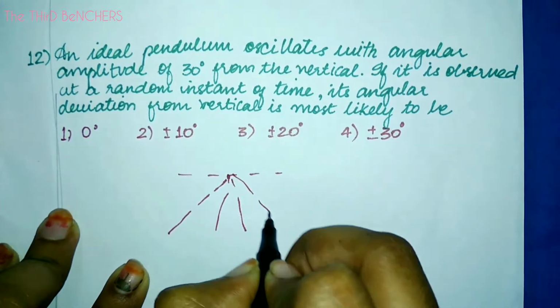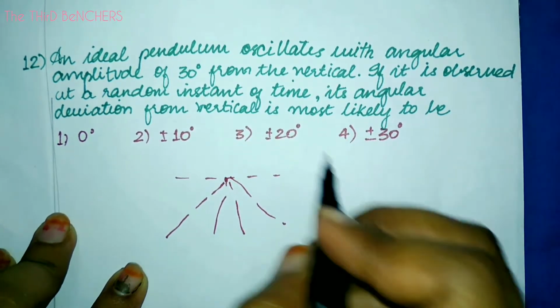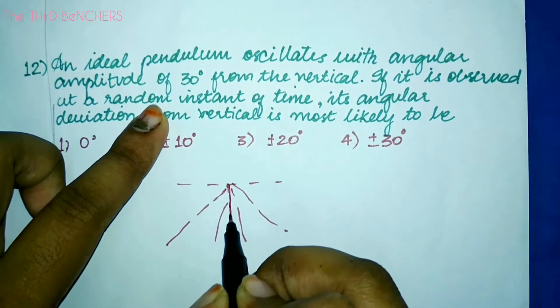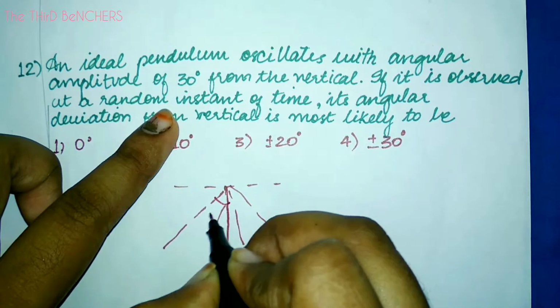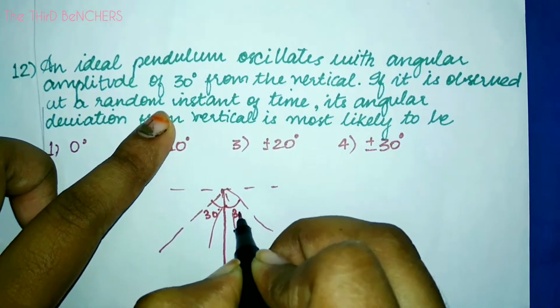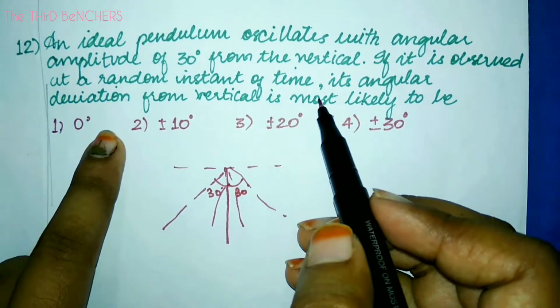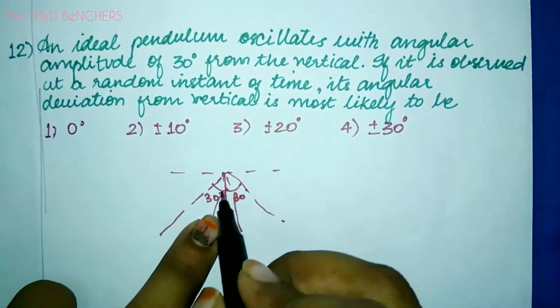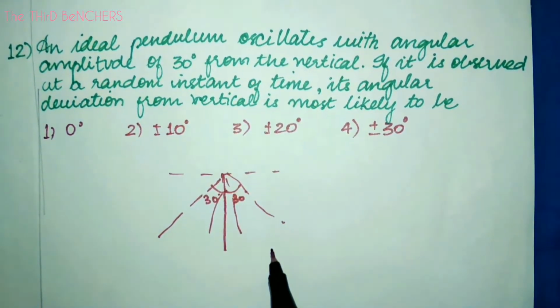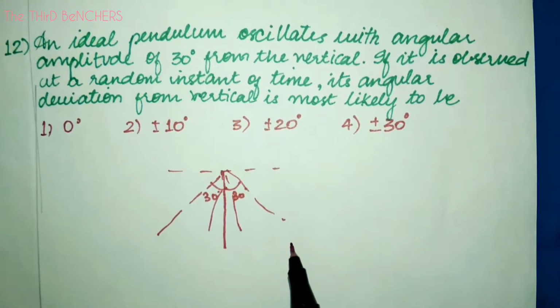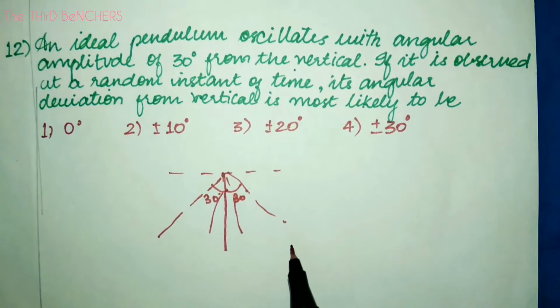Its way of oscillation, it oscillates, and they have given the angle with respect to the center point, it is 30. So here 30 and here 30. If it is observed at a random instant of time, its angular deviation from the vertical. So when you are randomly looking at any point in time, which spot is the most likely spot for the pendulum to be spotted?